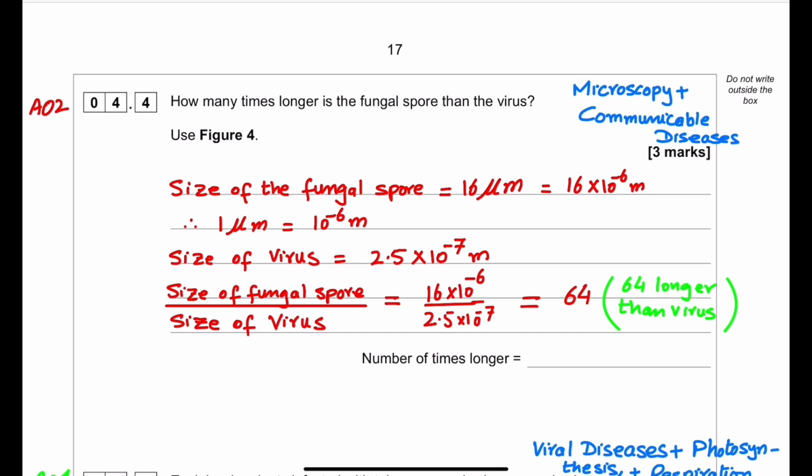The size of the fungal spore is 16 × 10^-6 metres, whereas the size of the virus, which is given in figure number 4, is 2.5 × 10^-7. The student needs to use a calculator and the answer is 64. This means that the fungal spore is 64 times larger or longer than the virus.